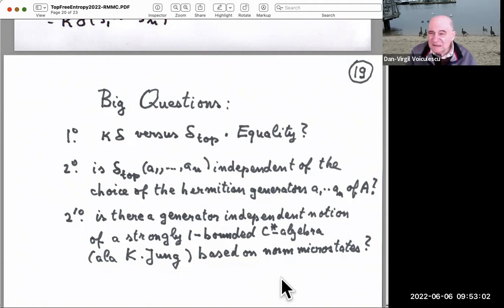If you have this strong one-boundedness property of Kenley Jung for one generator, then you can change the generator and get the same result.